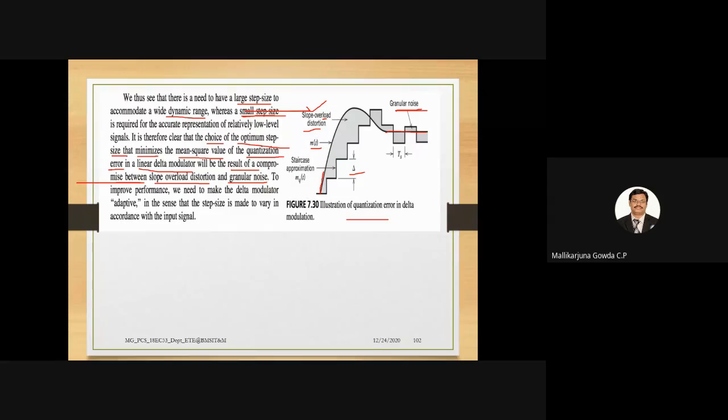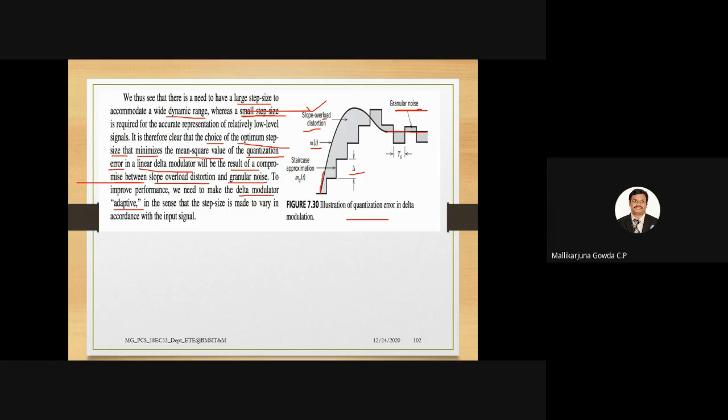So to improve the performance, we need to make the delta modulator adaptive. Means according to how the input signal changes, I need to vary the step size. Then I will be able to minimize these two errors and improve the performance of this delta modulator.